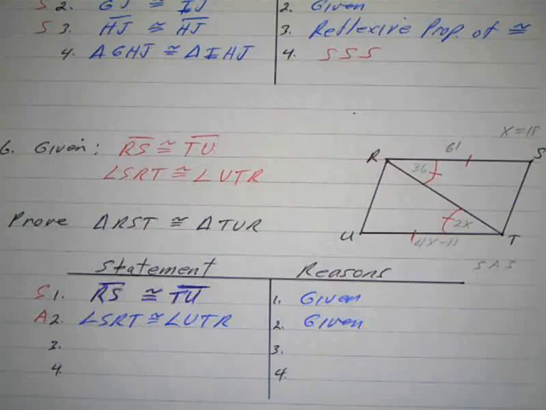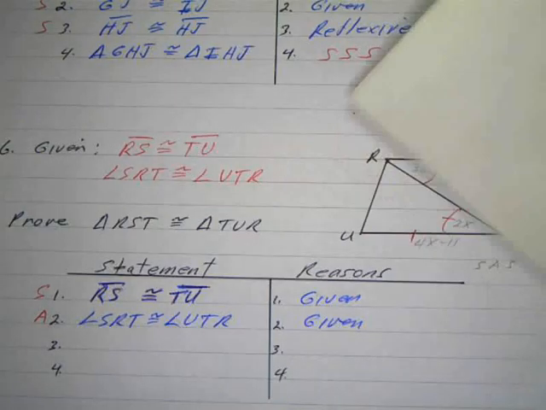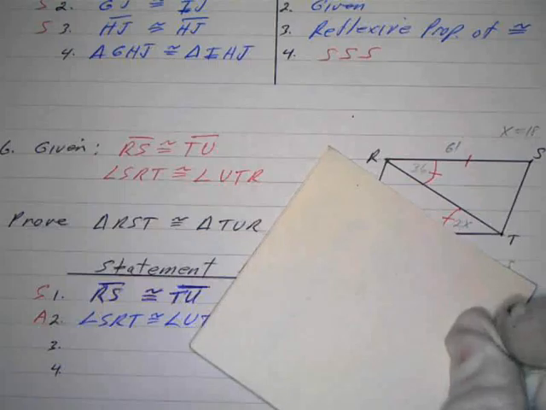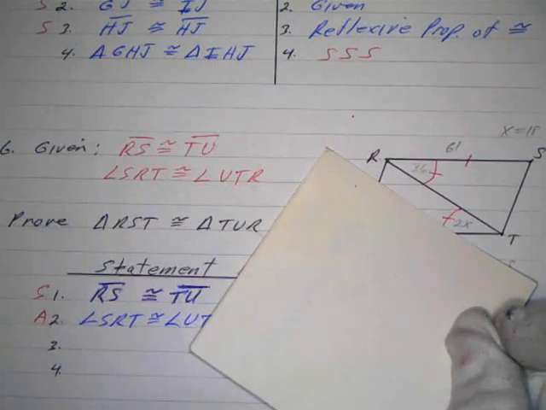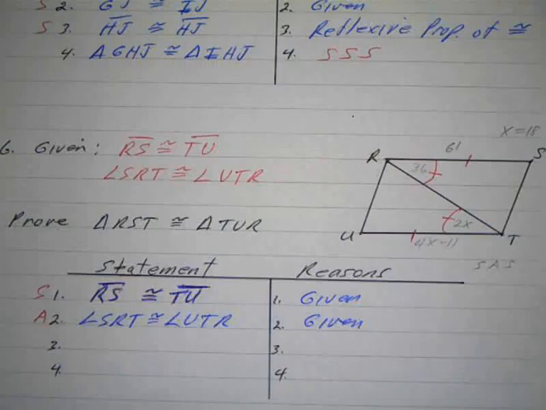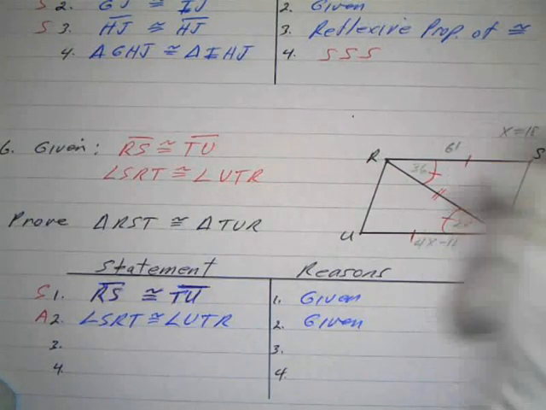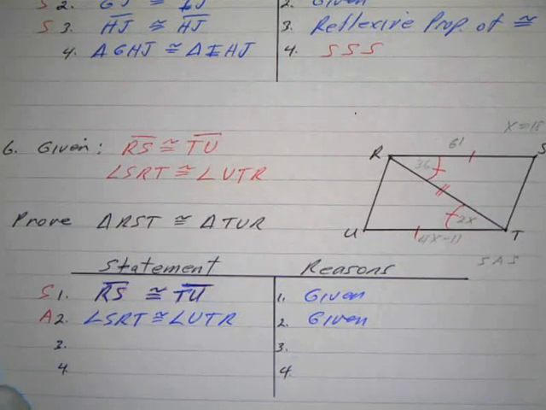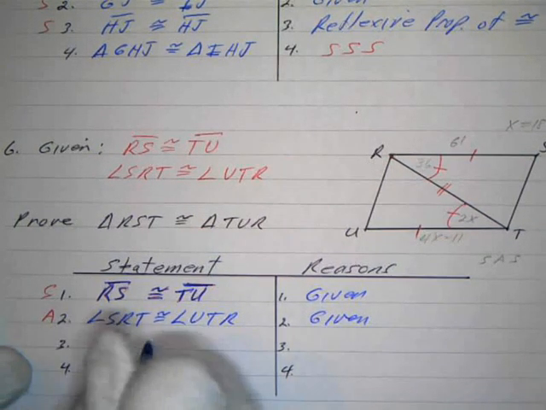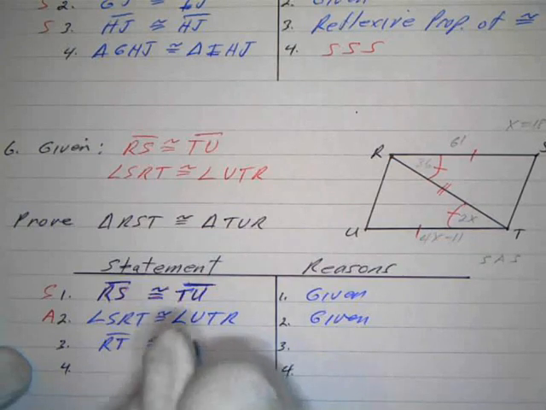And I notice that these triangles, like in number 5, they share a common side. RT is in this triangle, TUR, and RT is also in this triangle, RST. So since RT is in both, I can use it as a common side, and I can use that nice reflexive property. So I'll put 2 little marks there. And I'll say that RT is congruent to itself. RT is congruent to RT. Why?